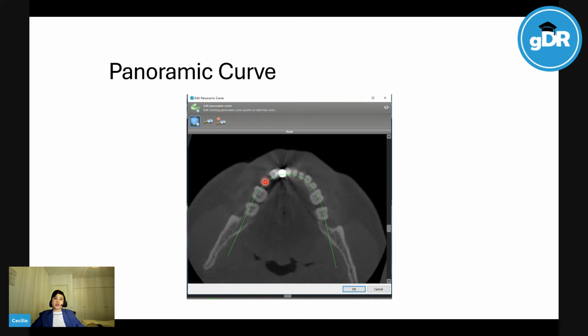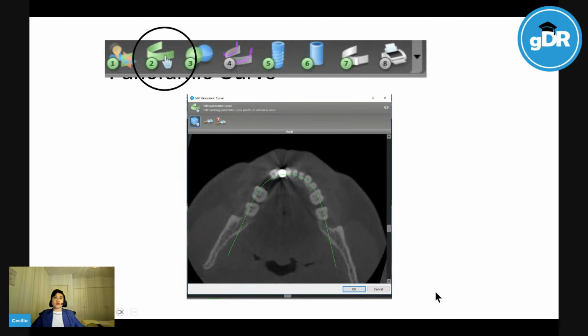If your panoramic curve is a little bit out, then your perpendicular line will be off, so you would think that you've got more bone than you really have. This is a very important tip: make sure that the panoramic curve plotting is spot on, because that will influence the way your slices look when you're measuring your implant bone volume.